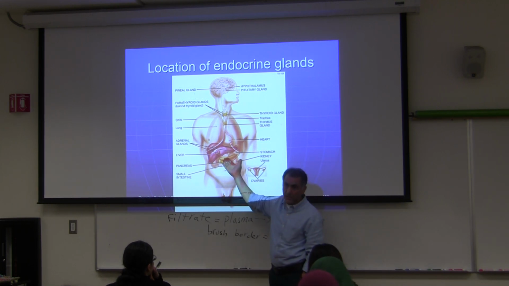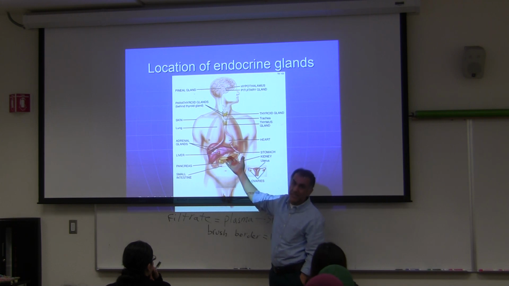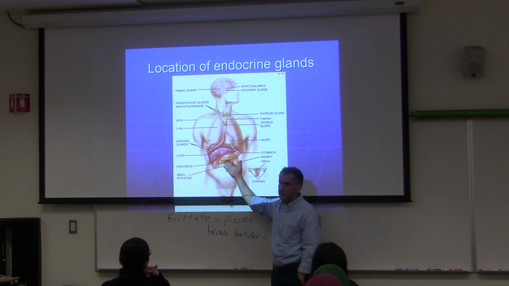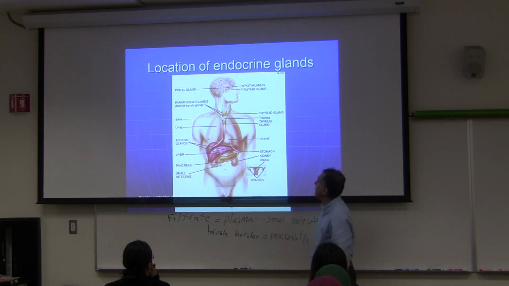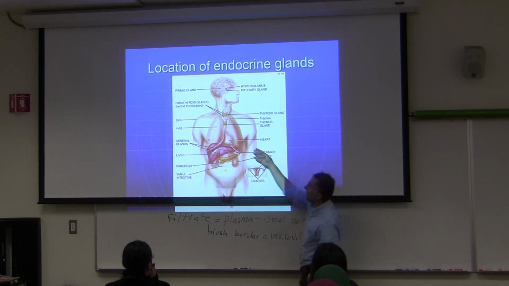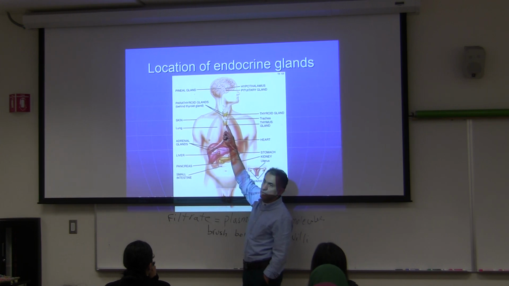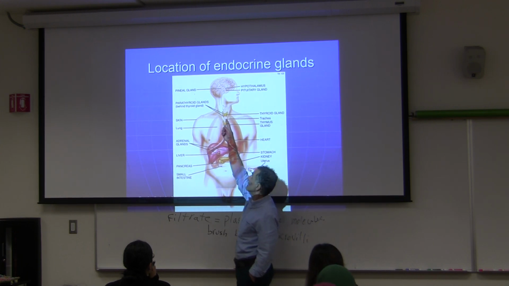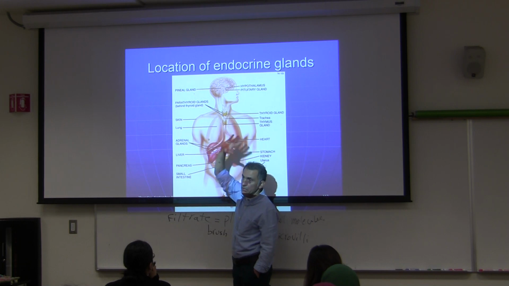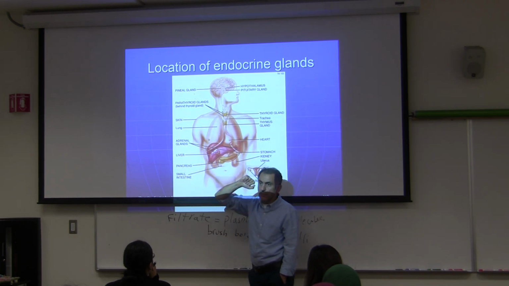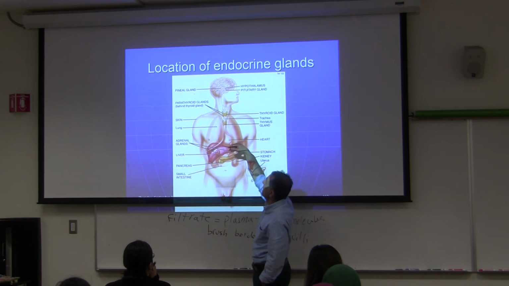Pancreas is both digestive system and endocrine system. So it can be in both. Thymus gland is both immune system and endocrine system. But for example, thyroid, no, it is just endocrine. Okay, pituitary, endocrine.